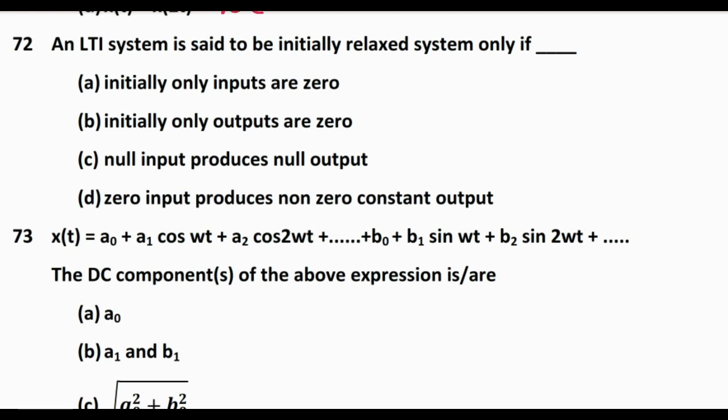So the definition of an initially relaxed system is that it will produce null output for null input. This is the initially relaxed system, and this is generally used in the definition of Laplace transform, and also in the case of state transition matrix or state space analysis.